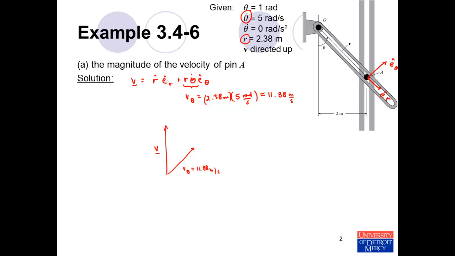And while we may not know what the radial component is, we do know its direction. It's along this radial direction. So if we draw a component in that direction, we complete our right triangle. The transverse and the radial are at right angles to one another.